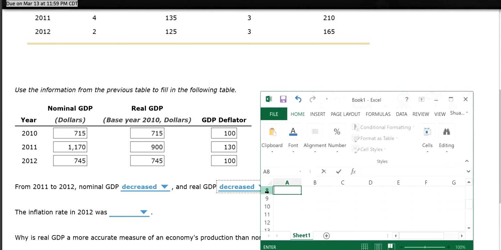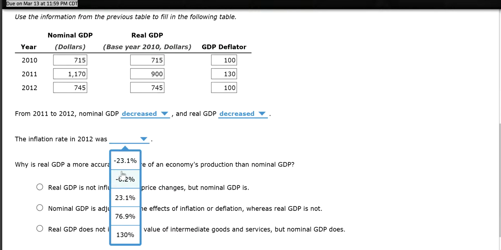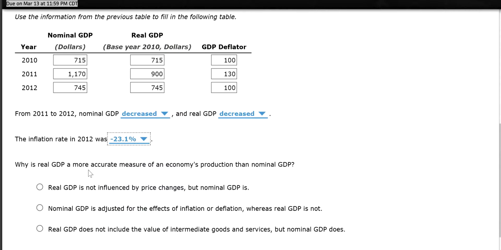So equals parentheses 100 minus 2011 deflator 130, and then divided by 2011 deflator. So it's new minus old divided by old. So it's going to be negative 0.23 or negative 23%. Negative 23.1%. That's the closest answer.